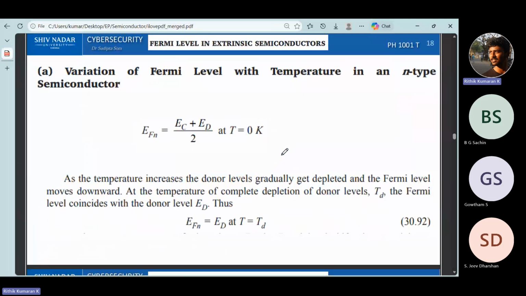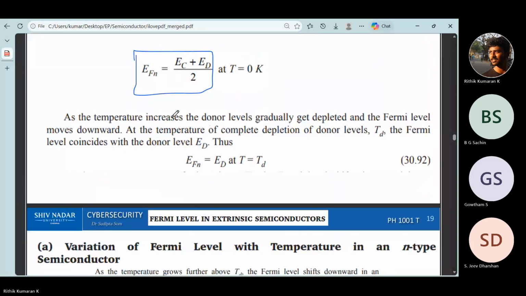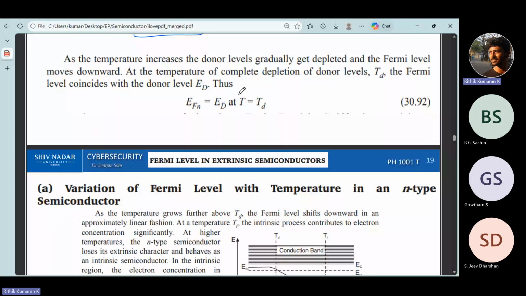As we talked about, at 0 Kelvin the Fermi level will lie between the conduction band and the donor level in the case of N. Next, there will be a temperature for complete depletion of the donor level, where it releases all the electrons. We call that temperature TD.